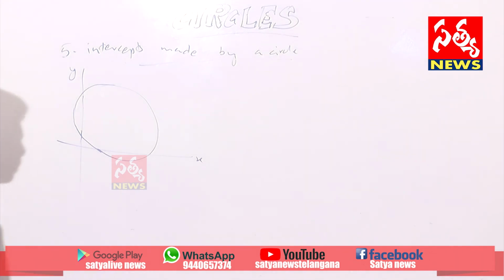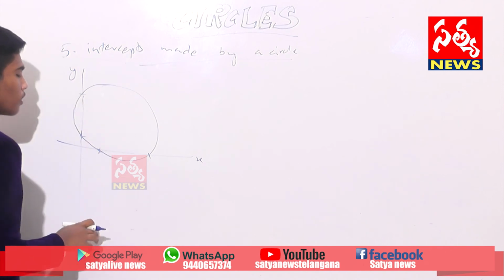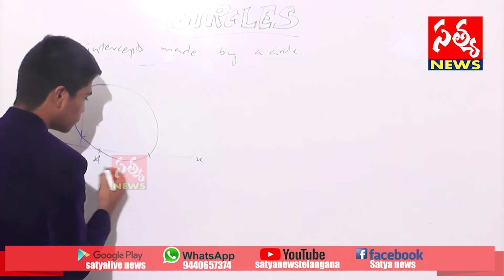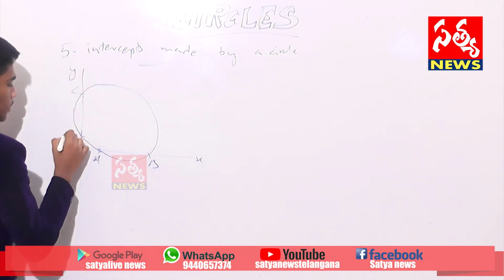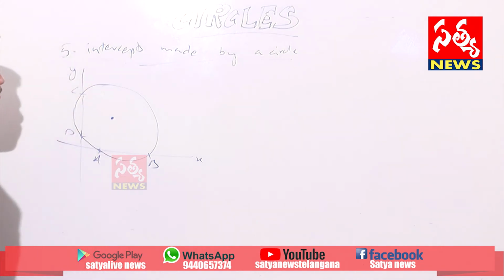Okay, this is a circle and these are the 2 points where the circle touches its respective axis. This is A and B, this is C and D. Let us assume that this is the center.